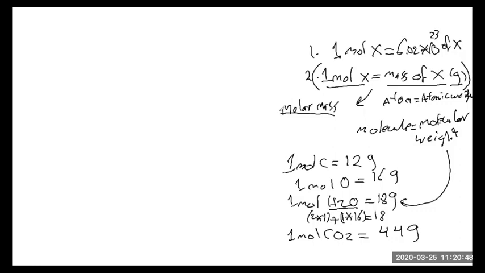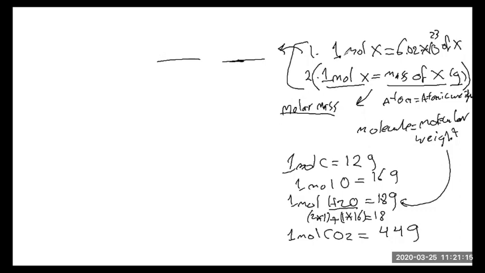So 1 mole of X equals mass of X, and that represents the molar mass. Now, you have to keep in your mind also these two meanings, we will use them as conversion factors. We can write the conversion factor as a numerator and denominator.